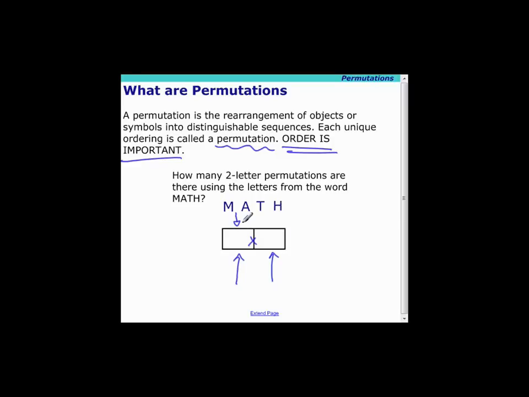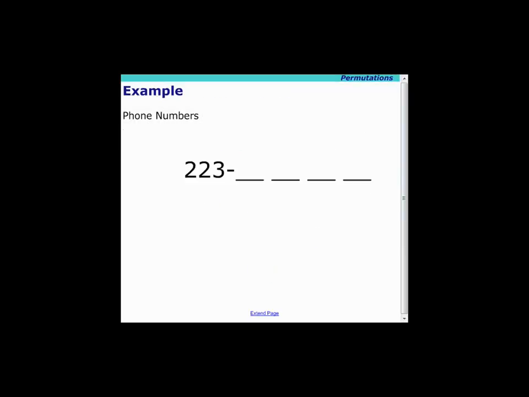So in this case, I have 4 letters from which to choose to put in the first slot. If I can't use a letter twice, then there will only be 3 letters to use for the next one. So 4 times 3, there would be 12 permutations of 2-letter arrangements using the letters from MATH.